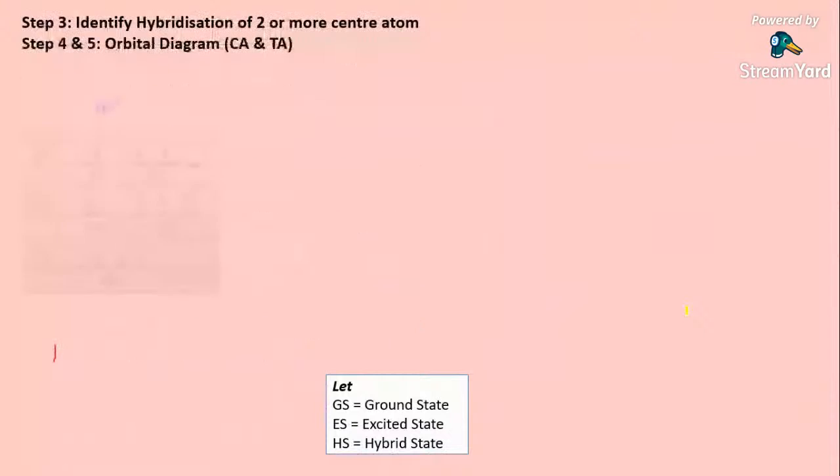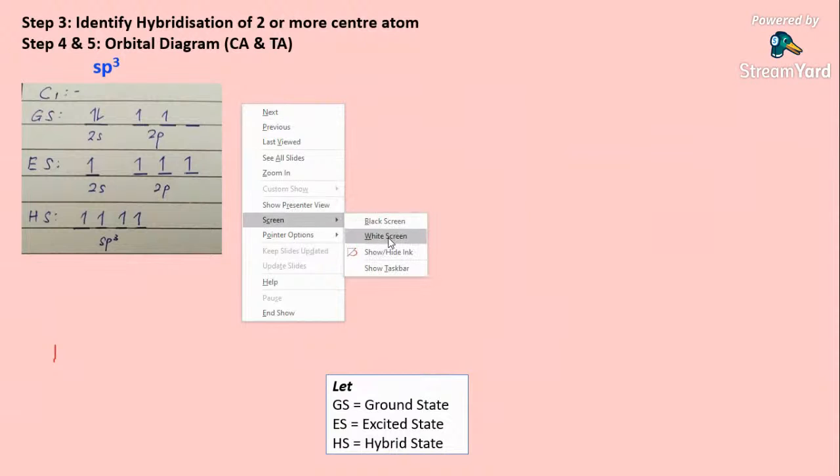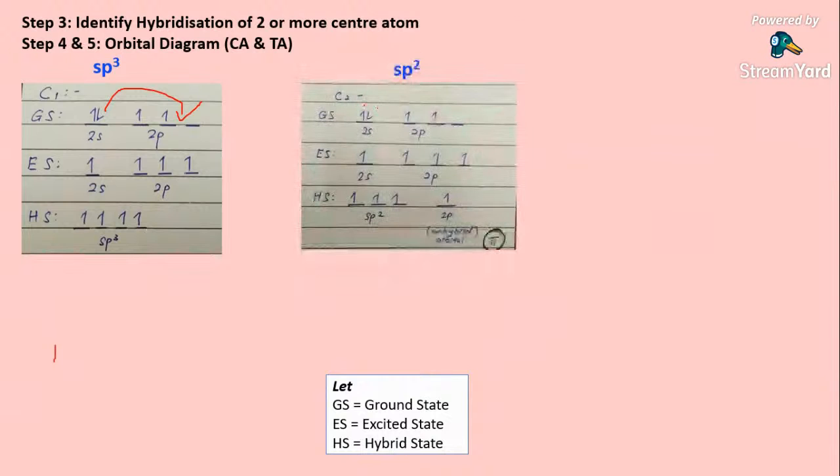Now we go for this one. C1 just now is tetrahedral, so you need to excite it. Tetrahedral, you need to form 4 bonding pairs, so one of the electrons is excited. So sp3. Next, C2, sp2.